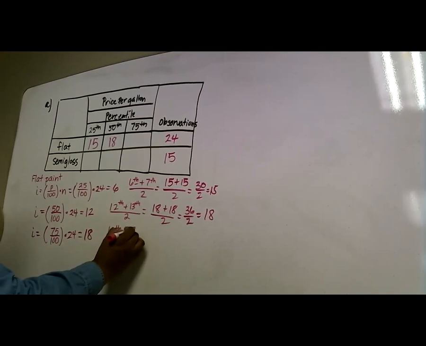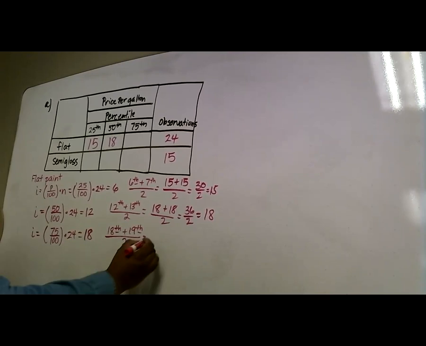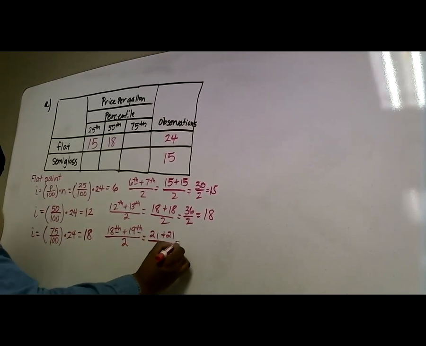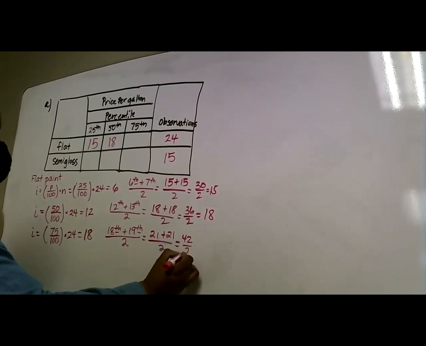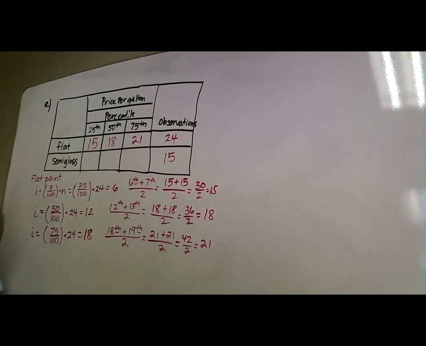So it's the 18th and the 19th number divided by 2. So the 18th number in this data set is, that's the 16th, the 17th, the 18th, and the 19th, they're both 21. Ends up being 21. Okay, so we got flat paint taken care of.